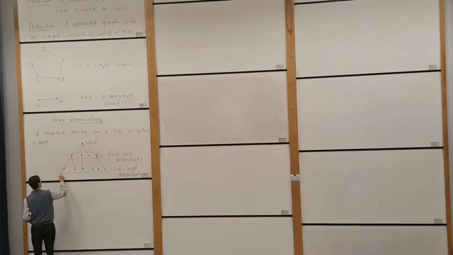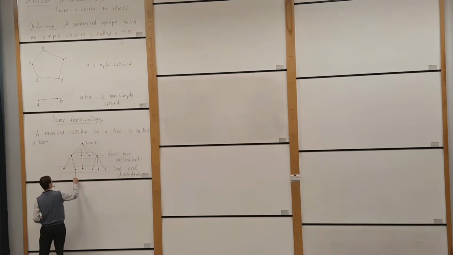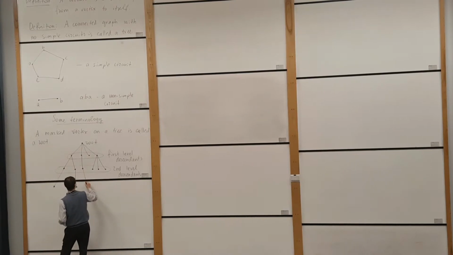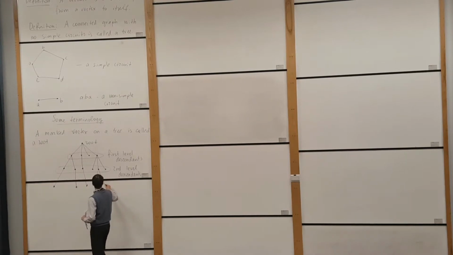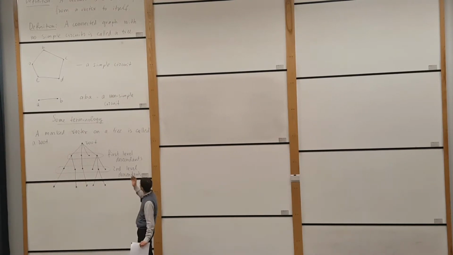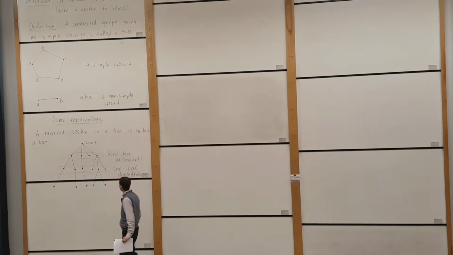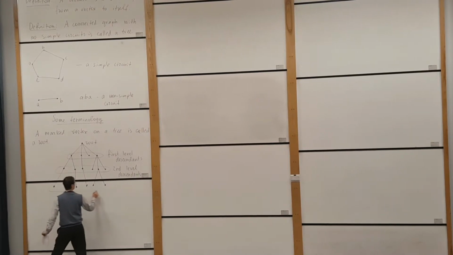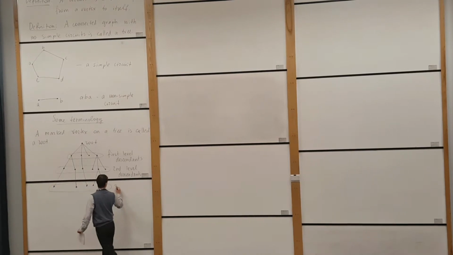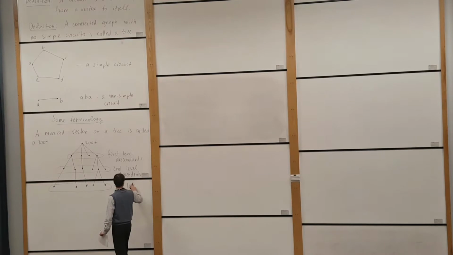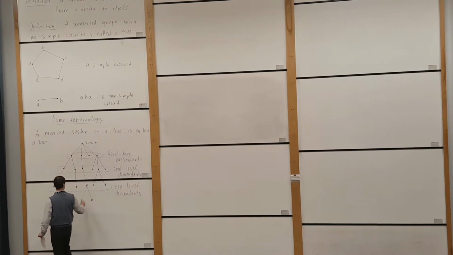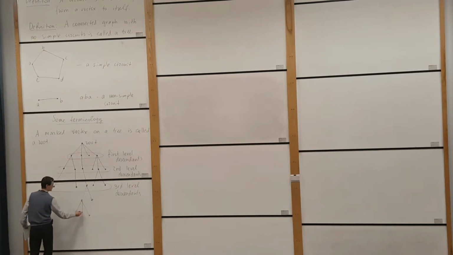Next, I add more vertices, all those connected to the root by paths of length 3. Those constitute the third level descendants, and so on.